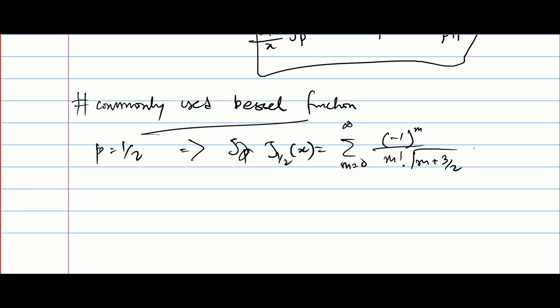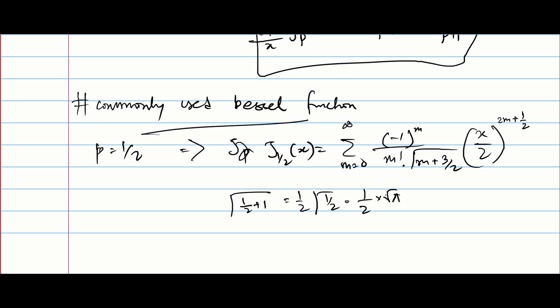Because p + 1 is half plus 1, times (x/2) to the power 2m + p, which is half. Now using the Gamma function, we know that gamma of half plus 1 is half gamma half, and it's 1/2 into root pi. Gamma half is root pi, so root pi by 2, right?